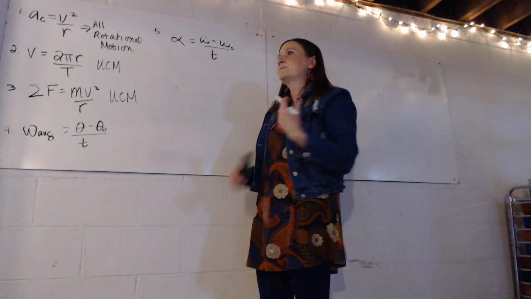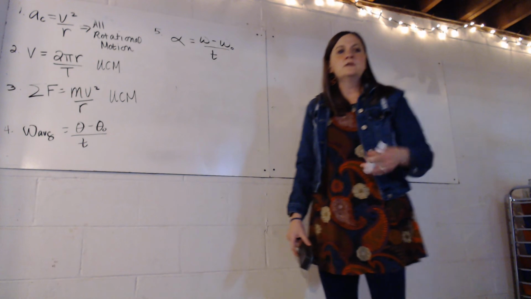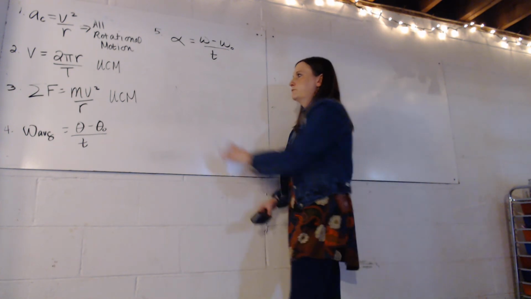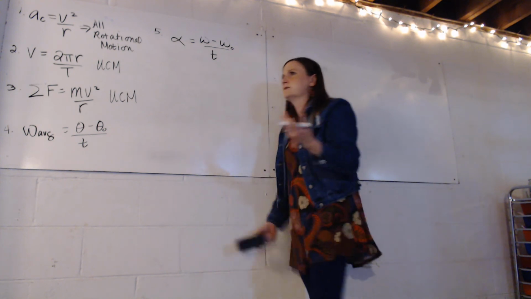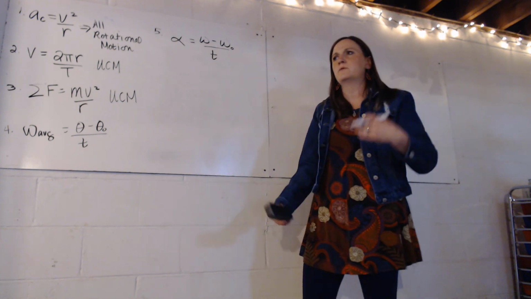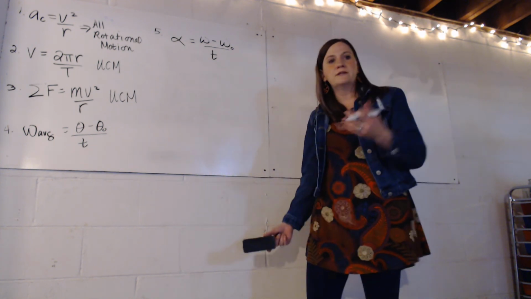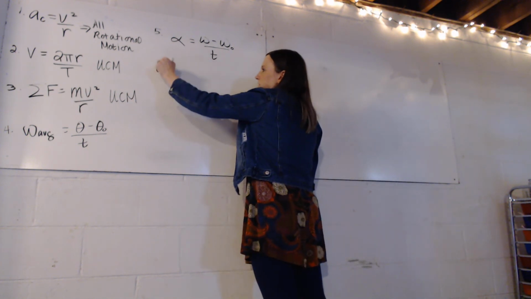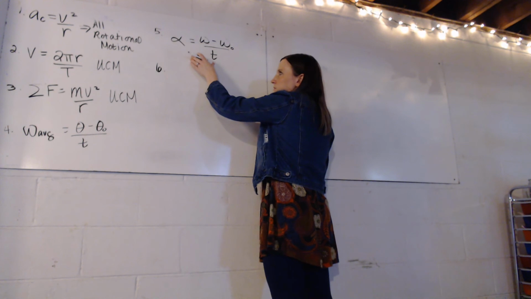So when something is rotating, you can use kinematics to solve for, just like we did with linear, displacement or time or final velocity or initial velocity. And so those equations are, I'll write it as a separate equation, but it's really just a rearrangement of this one.